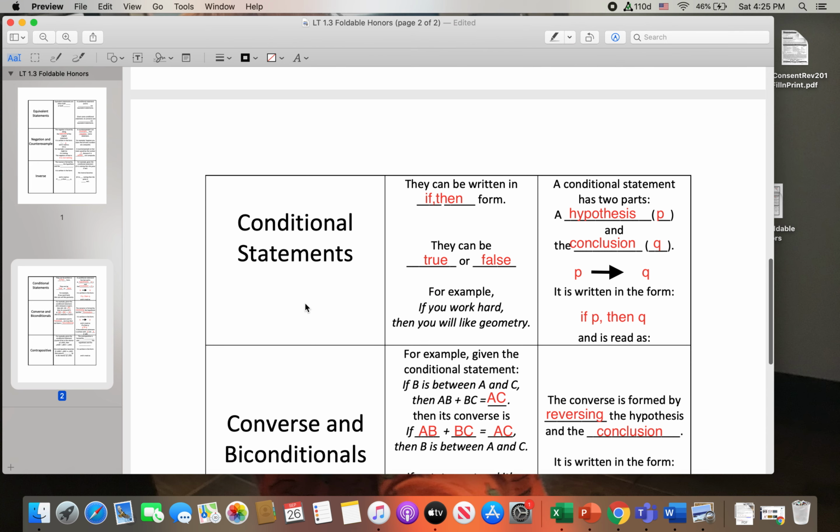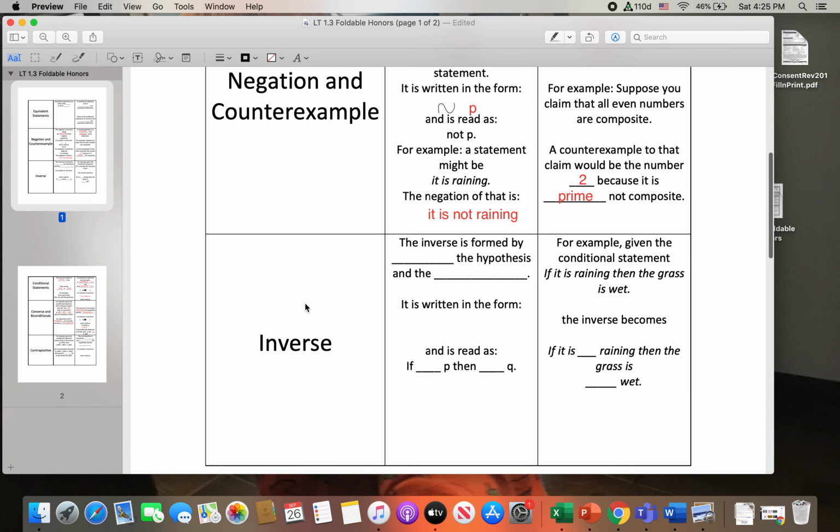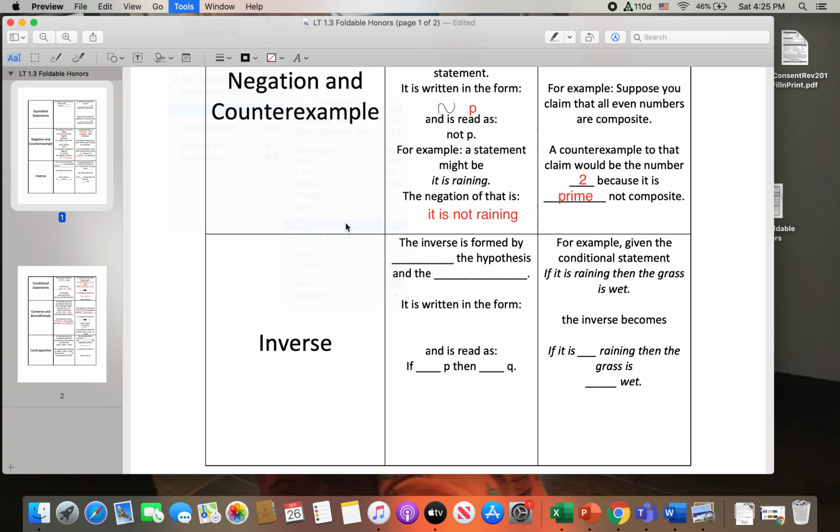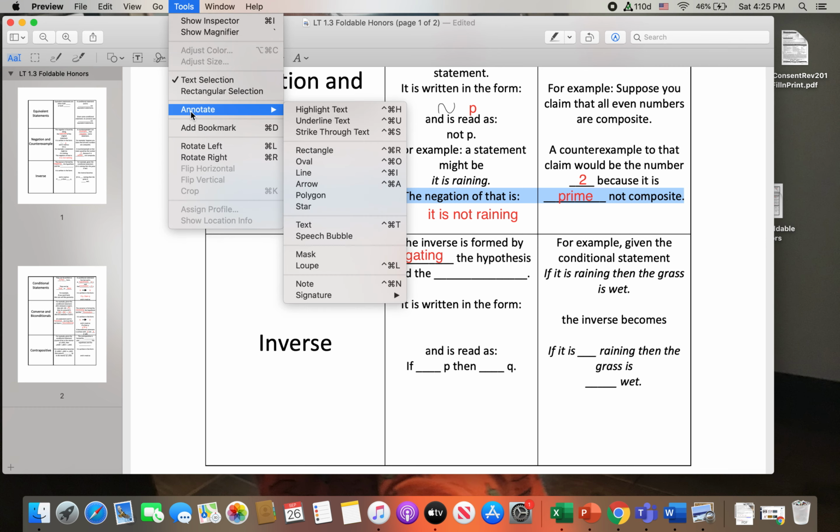Which takes us, okay, so we had conditionals, original, reversed. Now we're going to go back to the original and negate it. Find the inverse. So the inverse is formed by negating both the hypothesis and the conclusion.